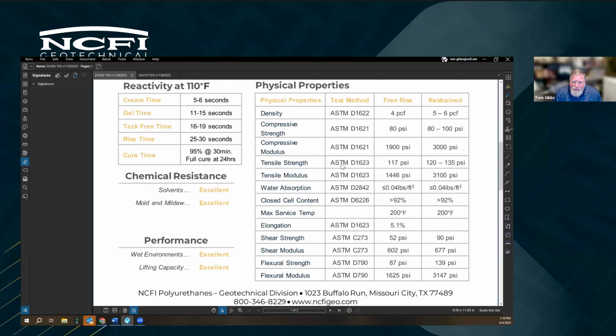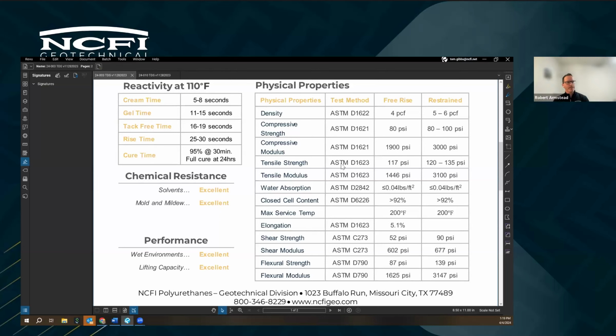Now it's going to depend on how tight those soils are. The looser they are, the more it's going to take. The tighter they are, the less it's going to take. So voids play a role there and all that kind of stuff. But that's our general estimating rule.